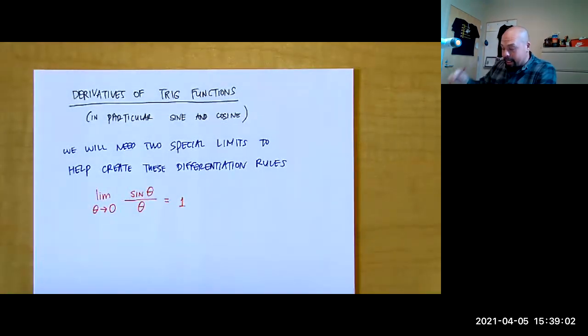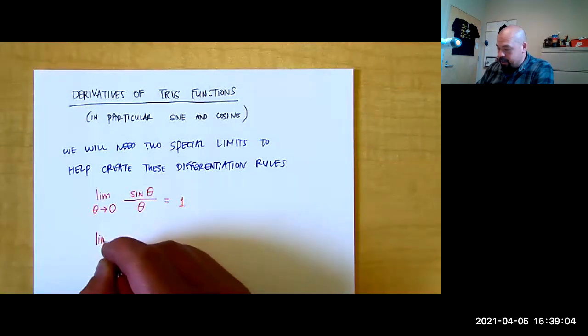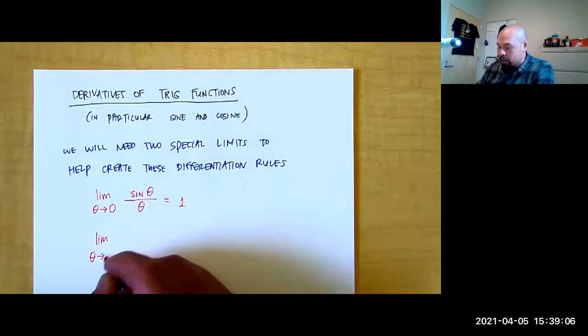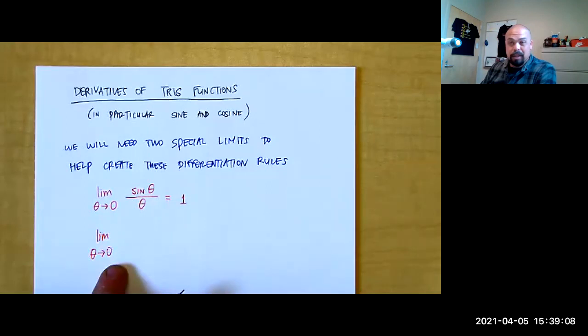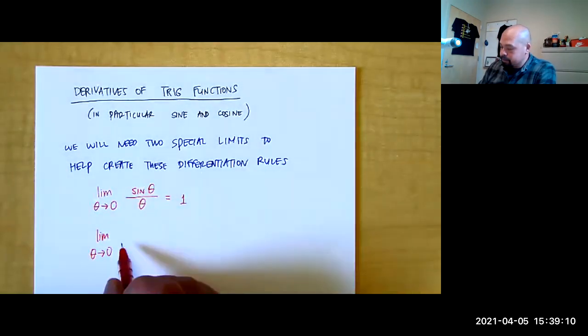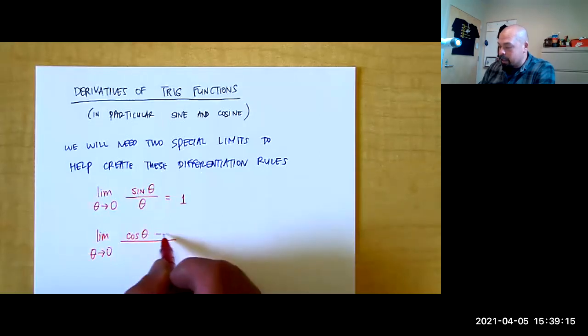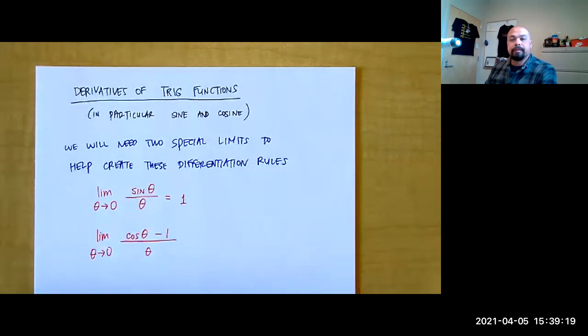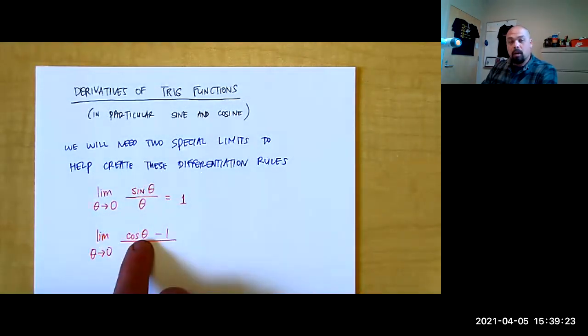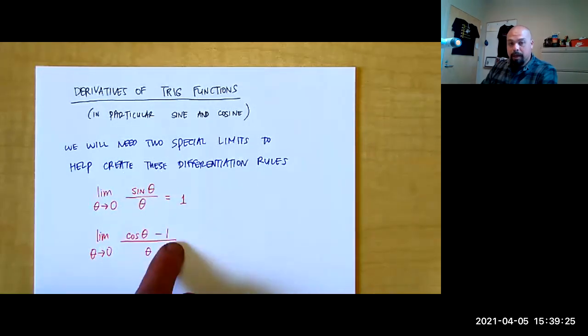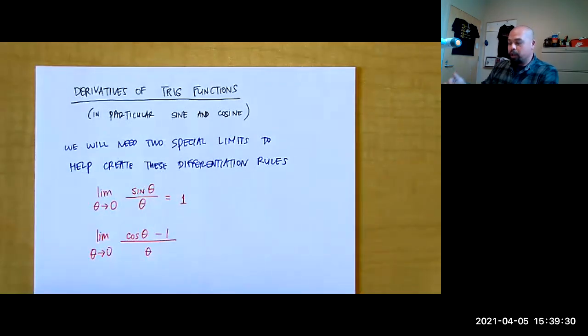okay? And a second limit that we'll need, the same limit as theta goes to 0, or h goes to 0, x goes to 0, of the cosine theta minus 1 over theta. In this case, again, as theta goes to 0, cosine of 0 is 1, 1 minus 1 is 0 in the numerator, theta going to 0, 0 over 0, another indeterminate form.